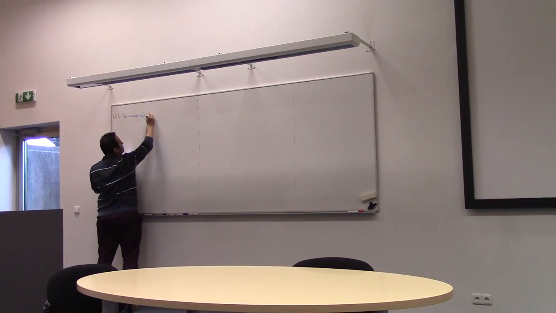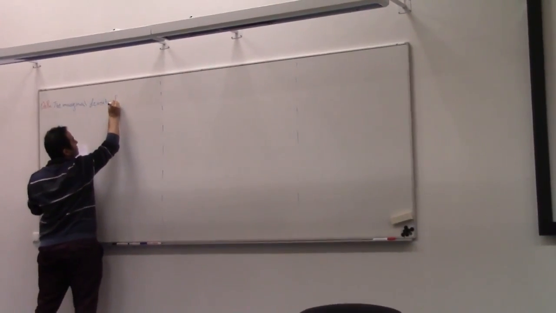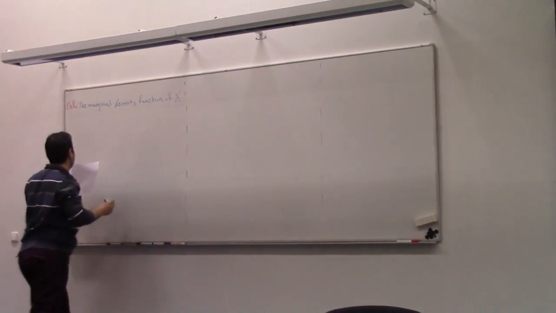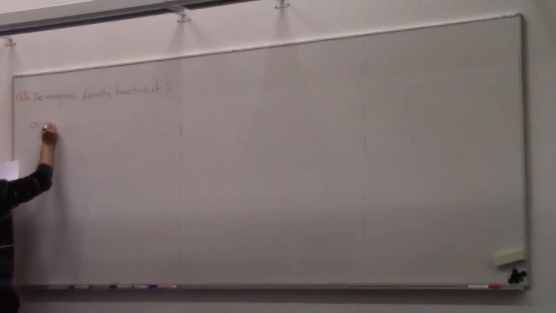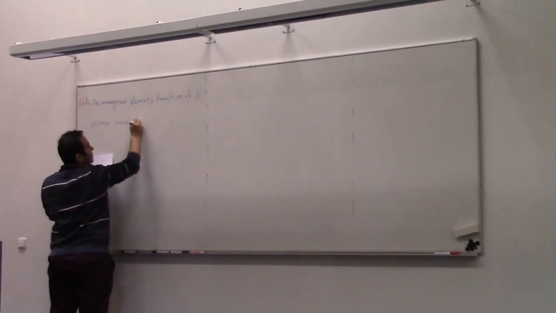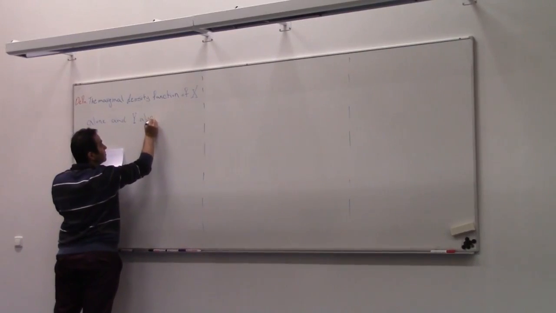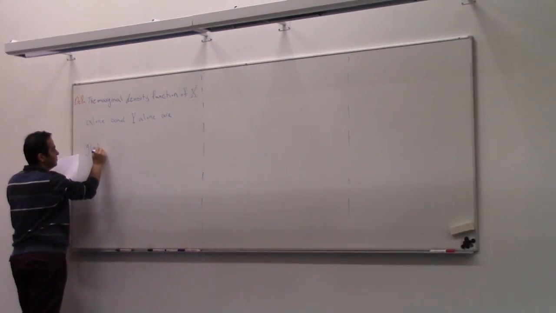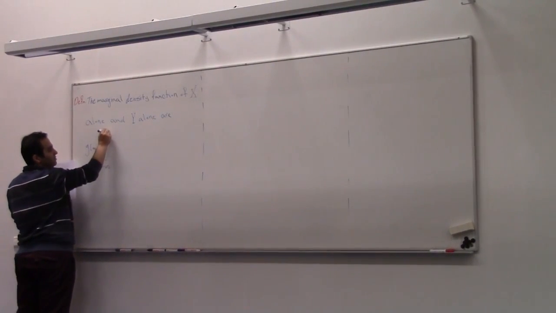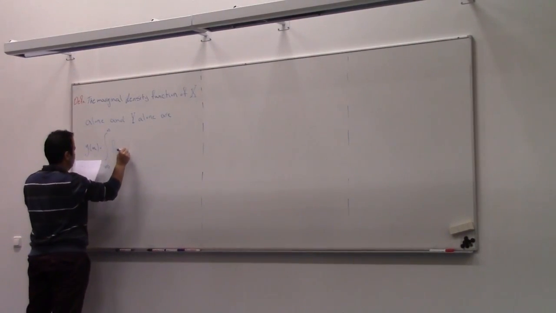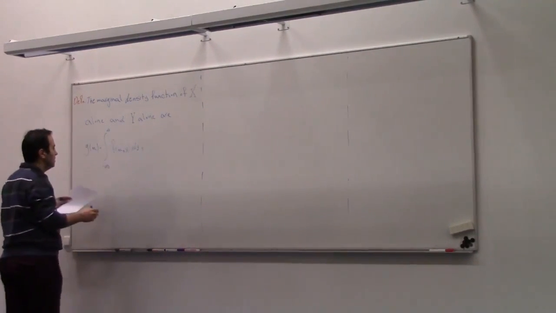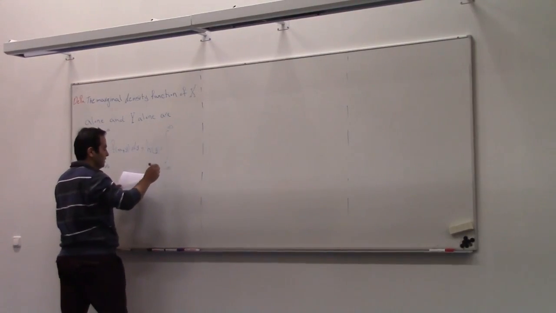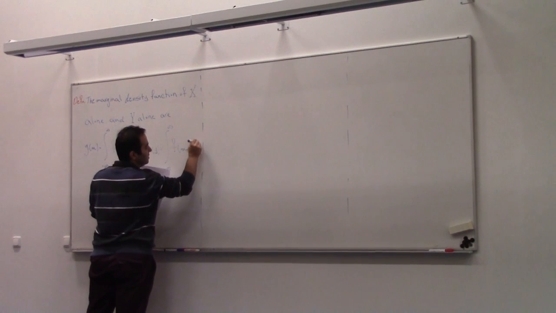The marginal density function of x along x equal to the integral from minus infinity to infinity of f(x,y) dy, and for y alone we have h(y), the integral from minus infinity to infinity of f(x,y) dx.